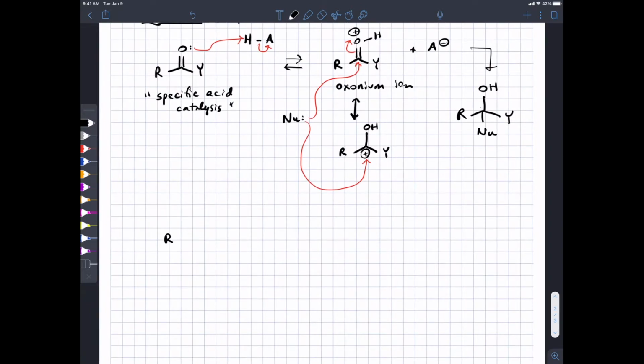There's another alternative, and that is that the nucleophile attacks at the same time as the acid protonates the carbonyl carbon.